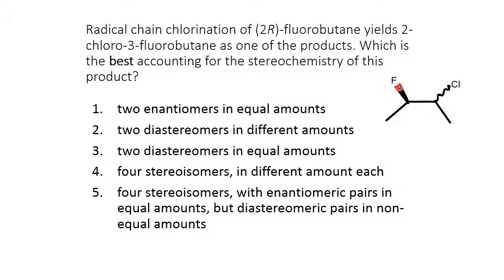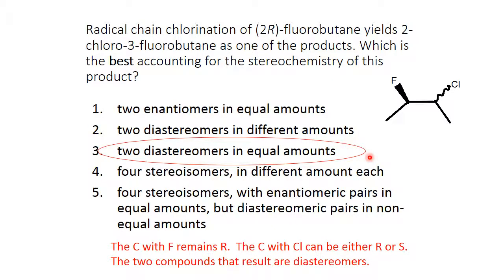So when I compare the two products, I would see that the fluoro is always going to be R, but you can have R here or you can have S here. Those two compounds would be 2 diastereomers, and because there's really no preference in whether R or S is formed, they would be there in equal amounts.